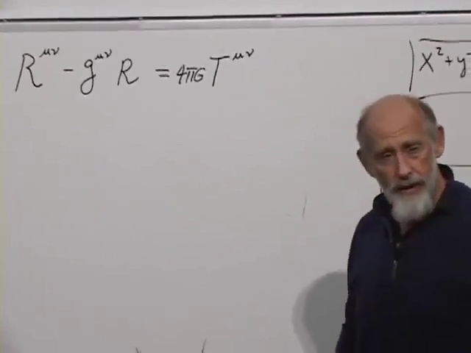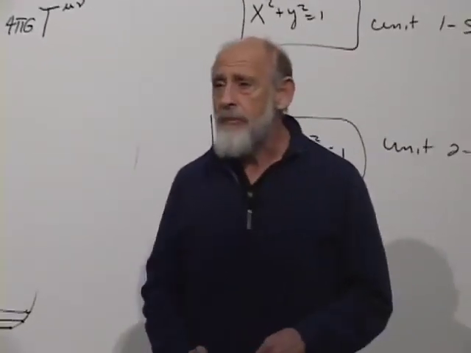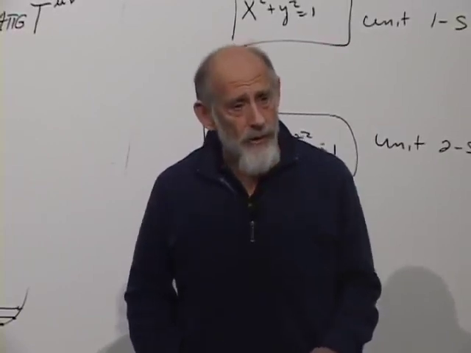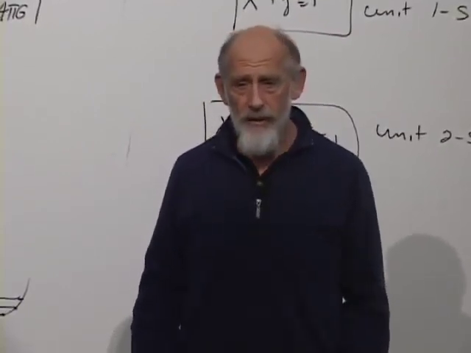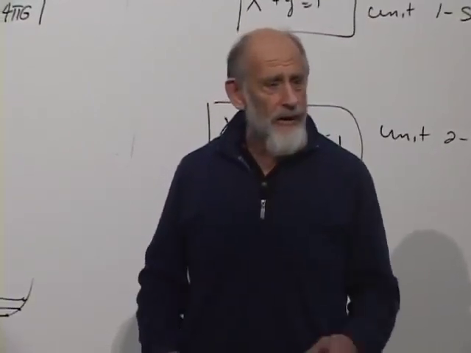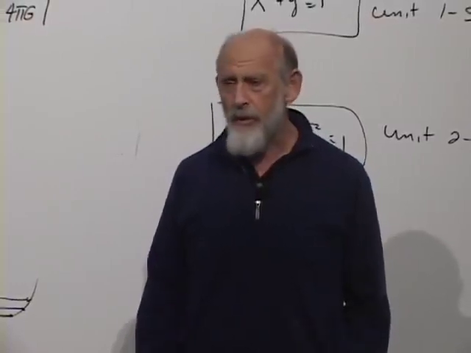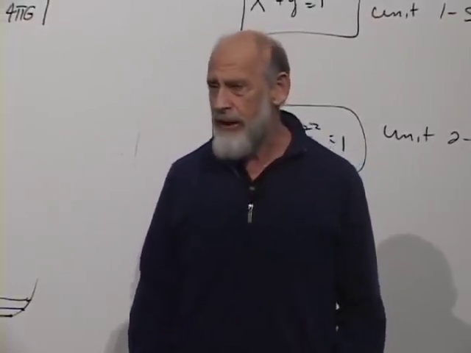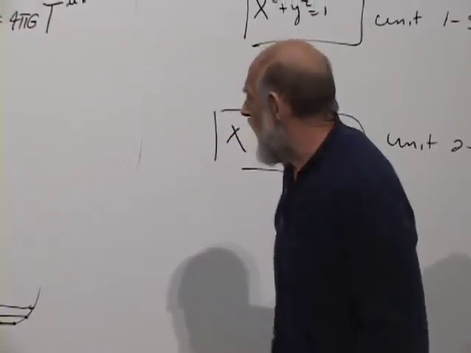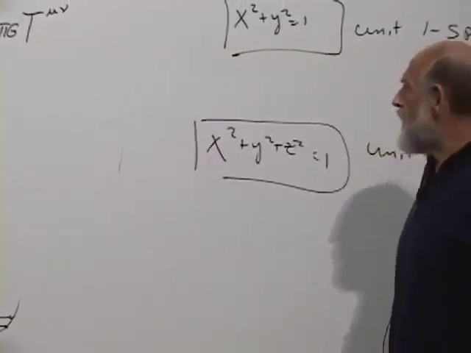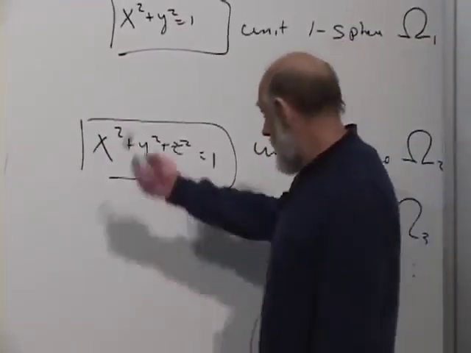How many are there altogether? Mu and nu can go from 1 to 4, so 4 times 4 is 16, but the tensor is symmetric and it has some symmetries. How many equations? I think there are 10 equations altogether. But first of all, we only need to know about one of them.